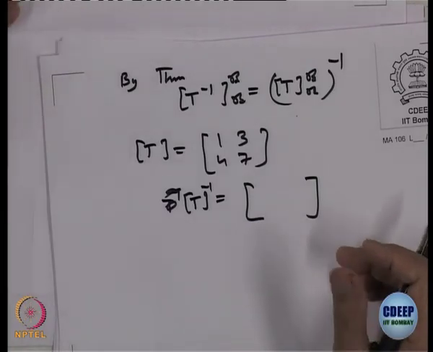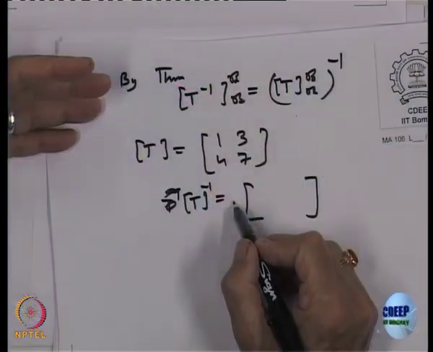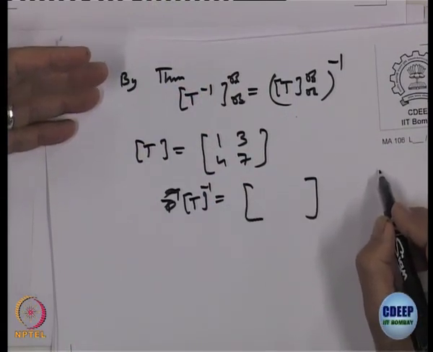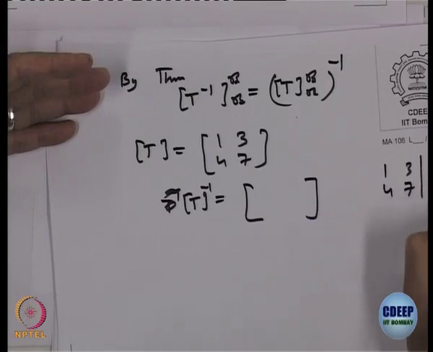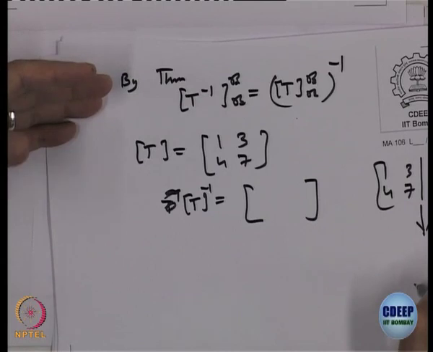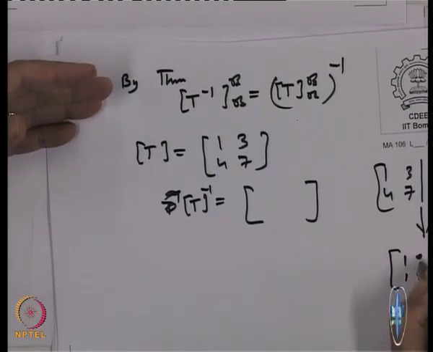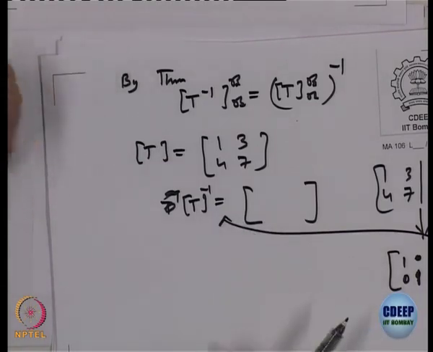You remember that process, whichever is easier you can do. So, to find this inverse, you can start with the matrix 1 4 3 7 and write 1 0 0 1 next to it, and transform it using row echelon form so that the first part comes out as the identity, and the other part will come out as something, and that is precisely my inverse.